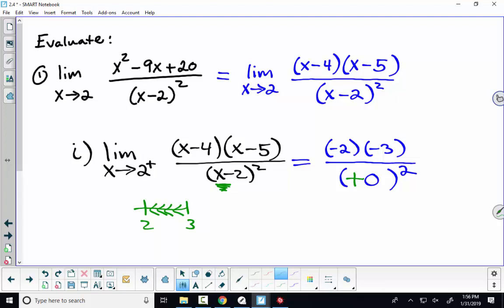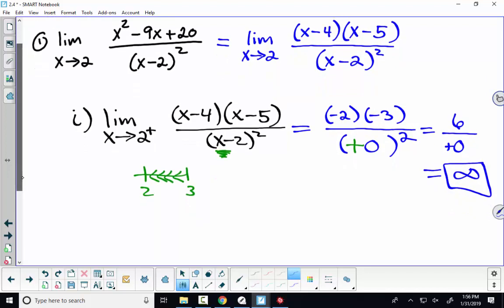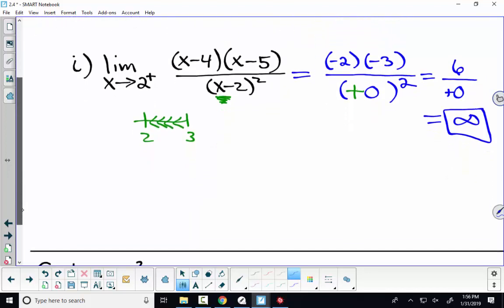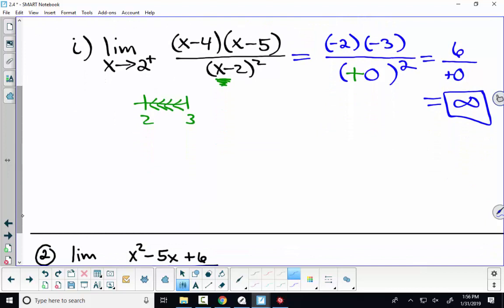So then up top, we have a positive 6. We have values that are super small and positive being squared, so they're still super small and positive. Which means that limit is positive infinity. What do you think then about the limit as x approaches 2 from the left?